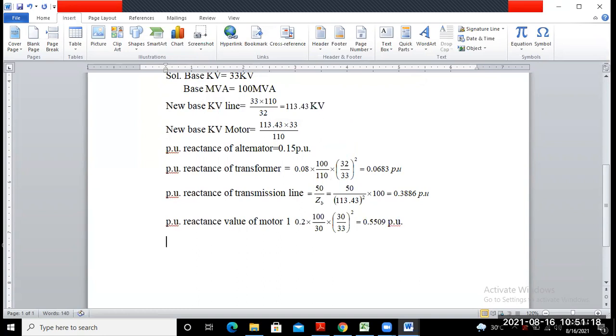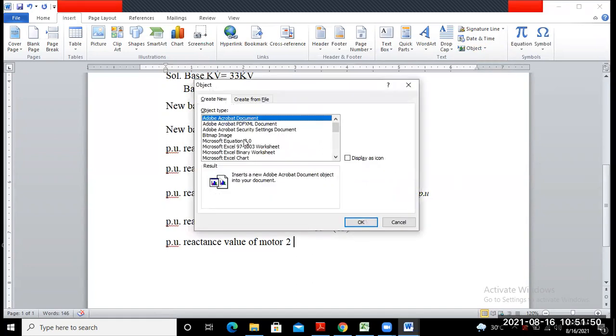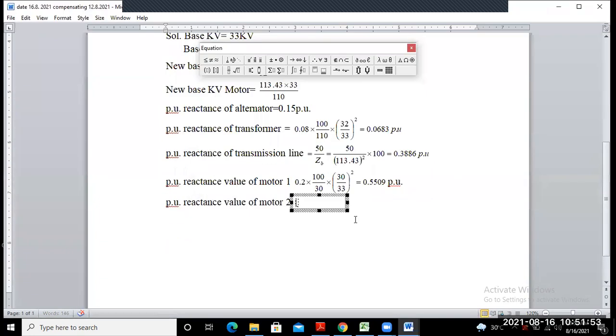Per unit. Similarly, you may convert all the reactance values of motor 2, that is the per unit reactance value of motor 2. It is equal to the old value given to you, 0.2 per unit.